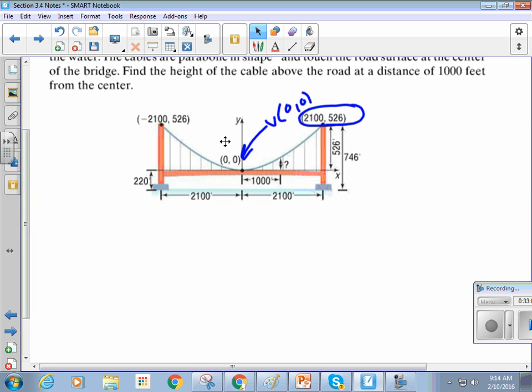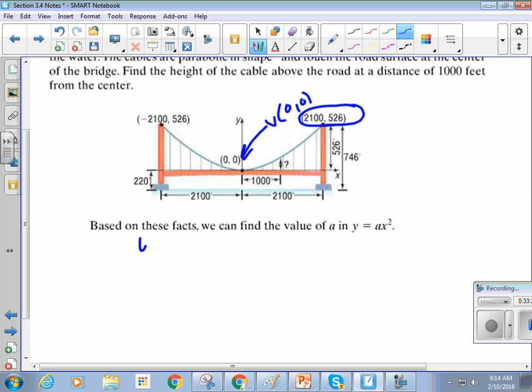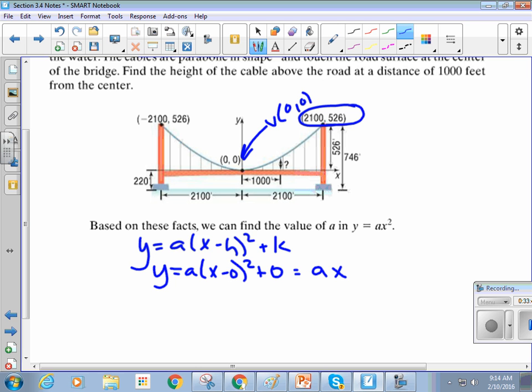So we are just missing the a in our function y equals a x squared. Because if we start with our generic equation and we plug in 0, 0 for our h and k, we just get y equals a x squared.